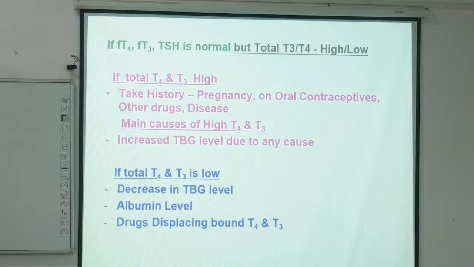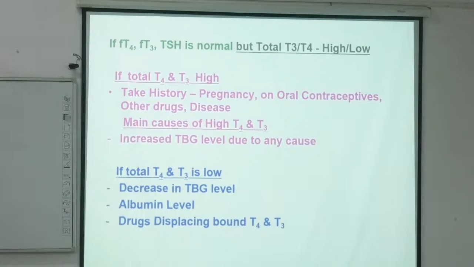So the main cause of high T4 and T3 is increased TBG level due to any cause. Similarly, if total T4 and T3 is low, the TBG level is decreased. It can be decreased due to decreased albumin level, or if we are taking several drugs together and they are displacing the T4 and T3.